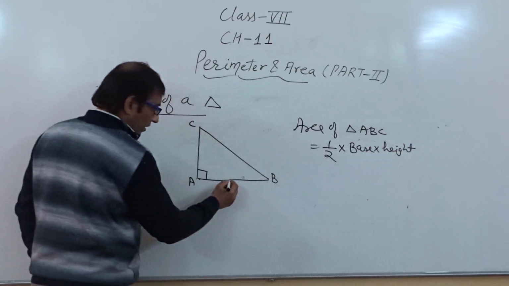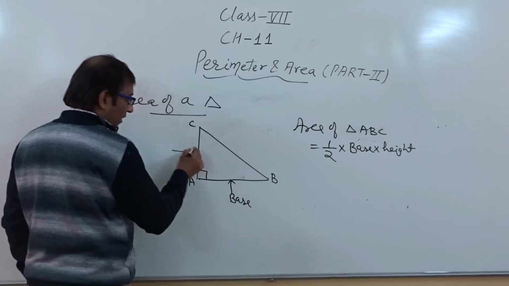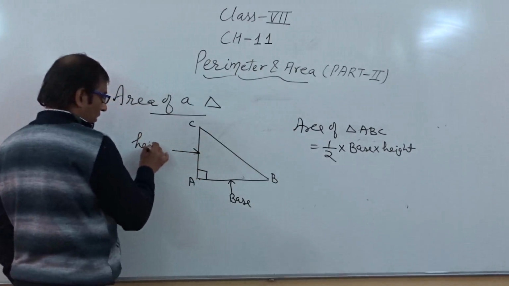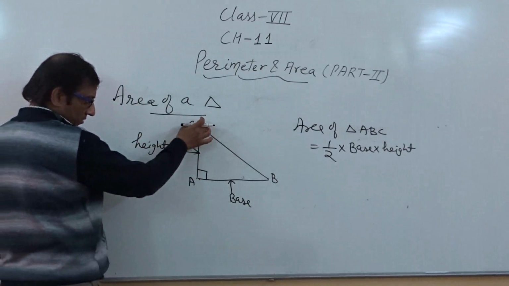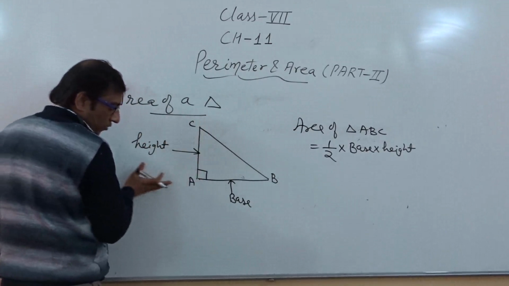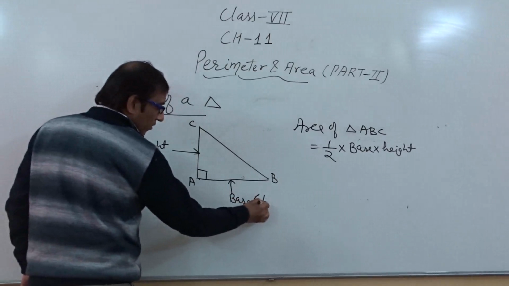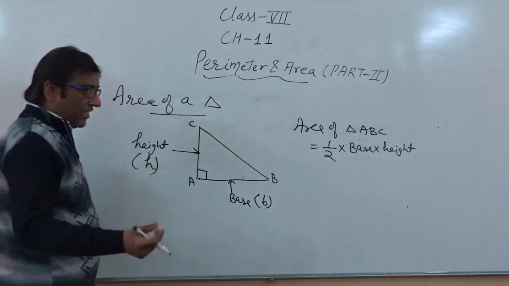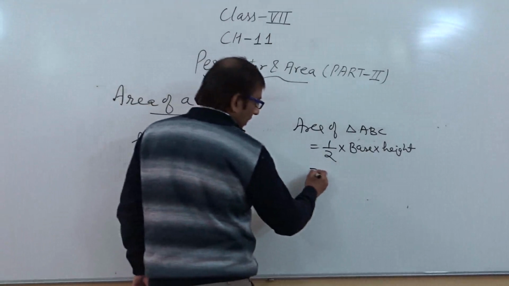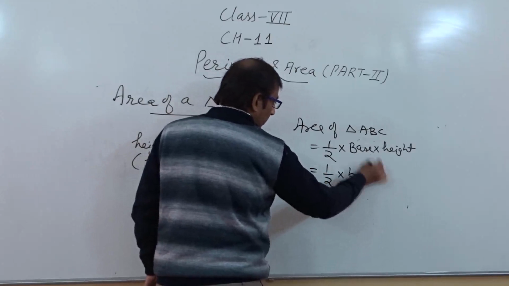Here we can say AB is base and AC is height, because this AC is perpendicular on base AB. Base is represented by small b and height is represented by small h generally. So the area of triangle ABC in this case becomes half into b into h.